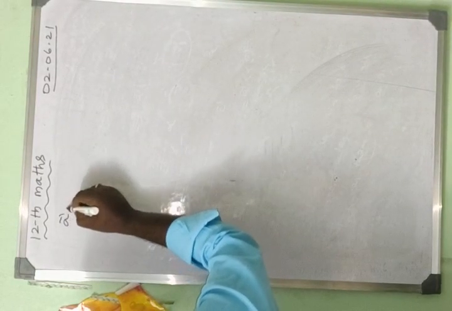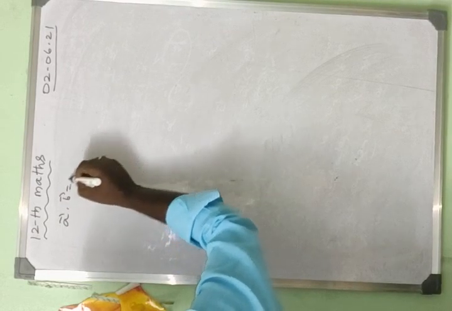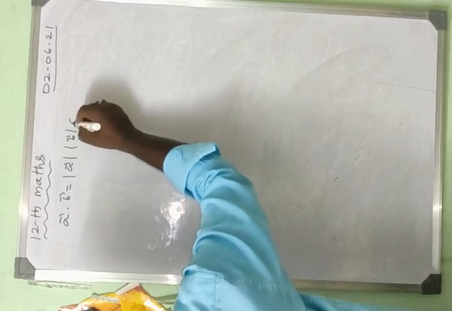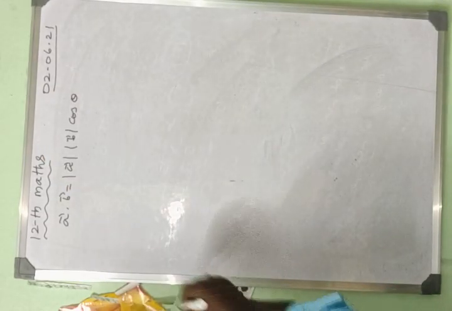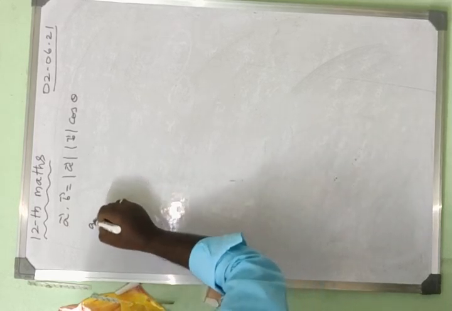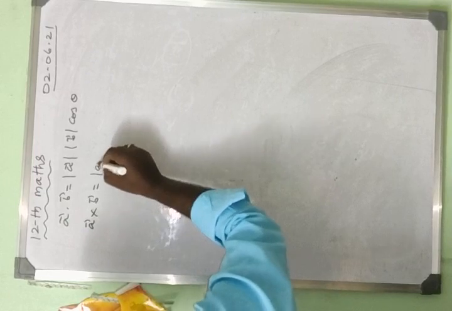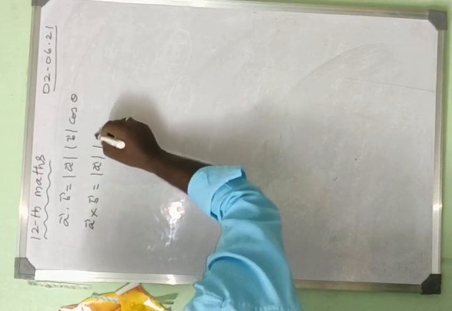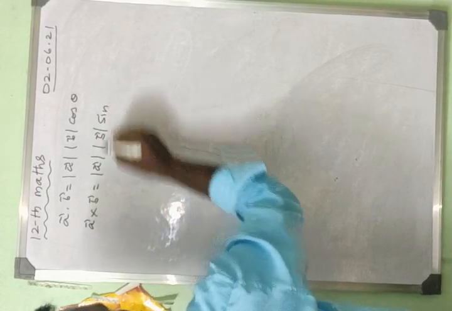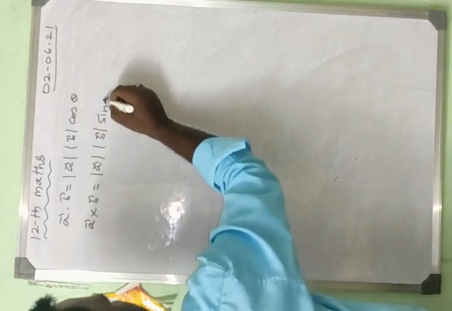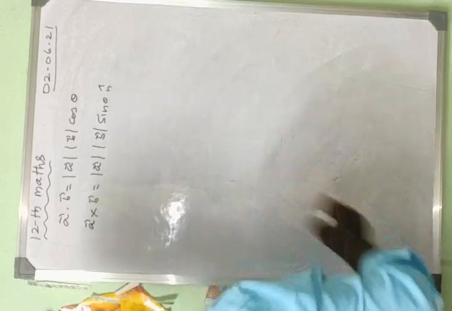Recall vector A dot vector B is equal to mod vector A mod vector B cos theta, like this, right? Next the cross product: vector A cross vector B is equal to mod of vector A mod of vector B sin theta cap n. Cross means we put sin, dot means we put cos.